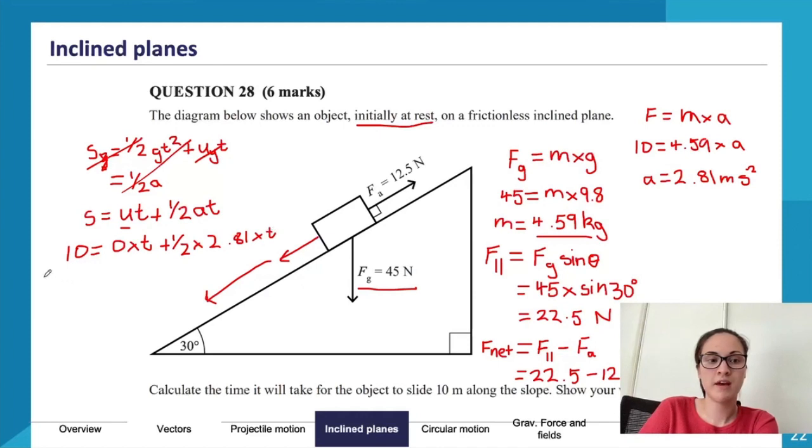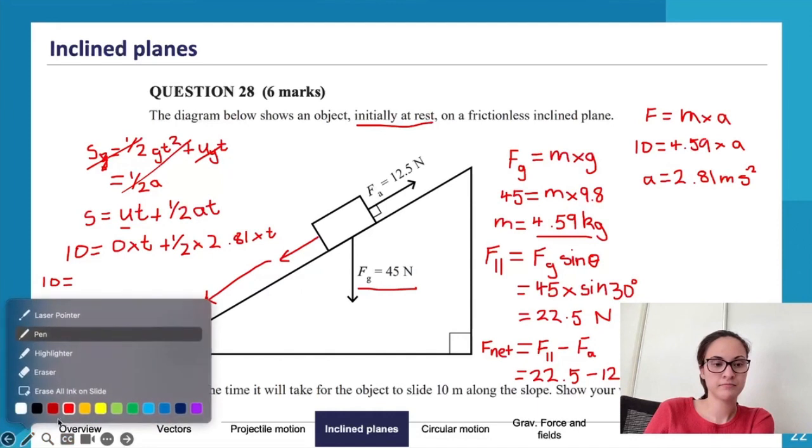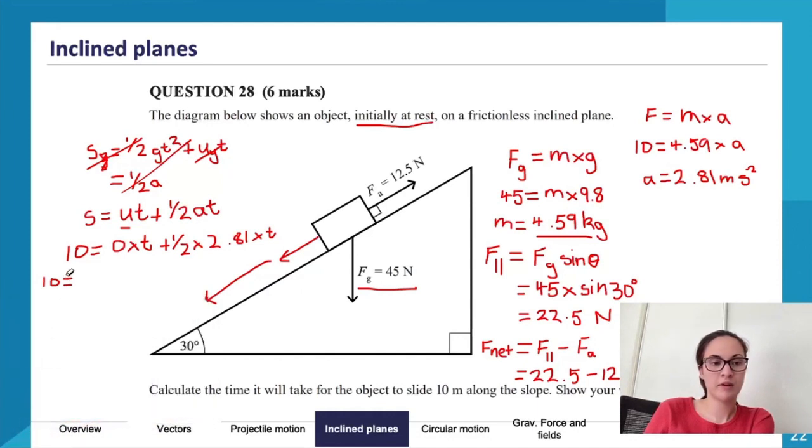Yep, so we're going to end up with 10 is equal to half times 2.81 times time. But what we're going to do is we're going to actually go back a step. I'm going to make a little bit more room, and just have this already divided.